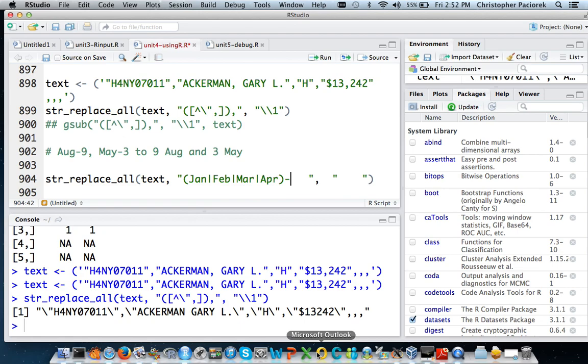So how about for the digits? Okay, 1 or 2, so a character class and question mark. And then I can do digit. So does that look right? All right.